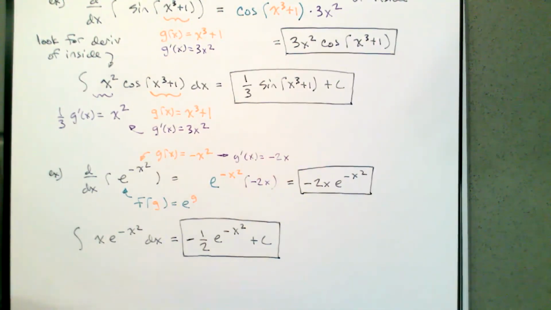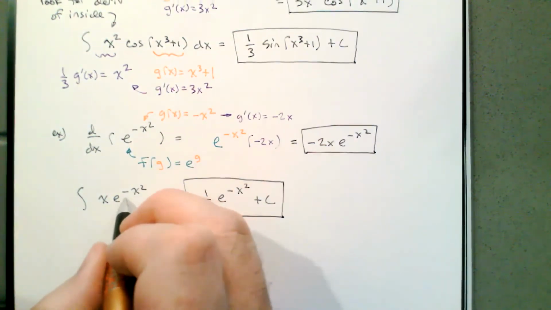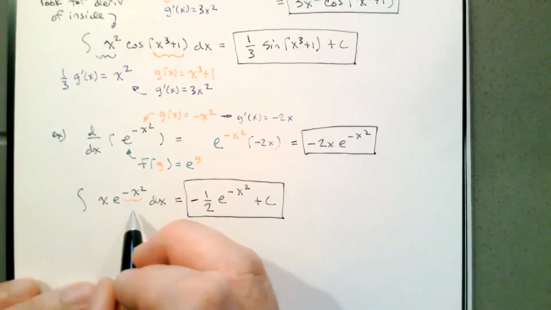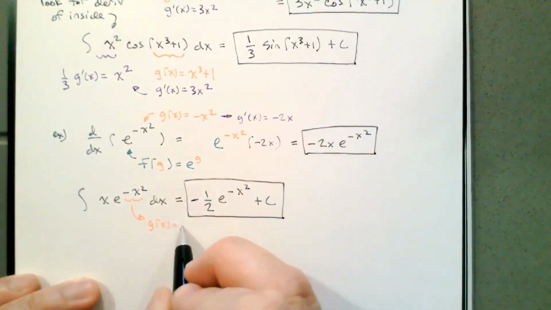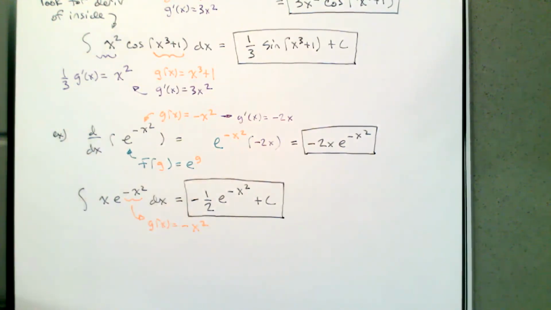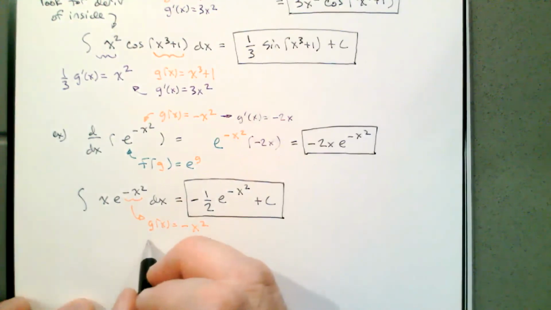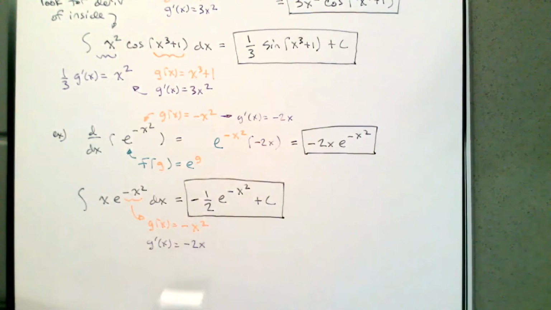So when we look at integrating x e to the minus x squared dx, we want to look for something that we can identify as the inside function. And that is still this minus x squared. And the derivative of the inside function, g prime, is minus 2x.